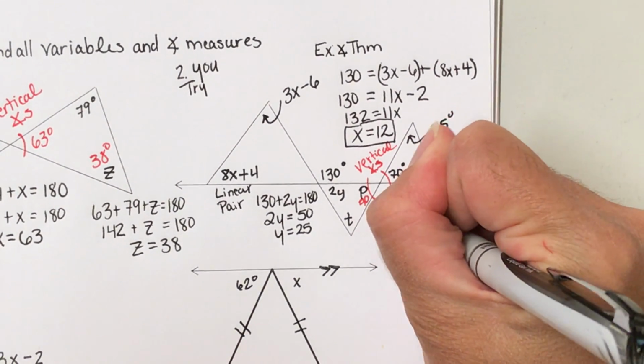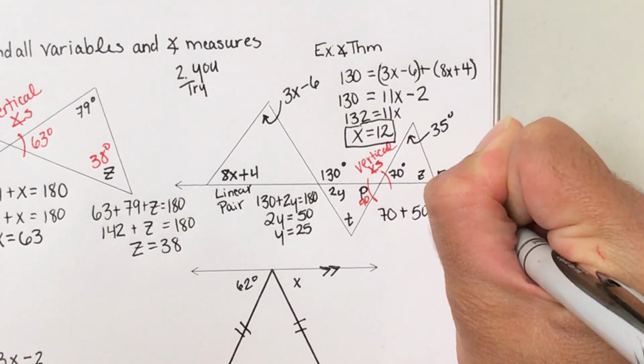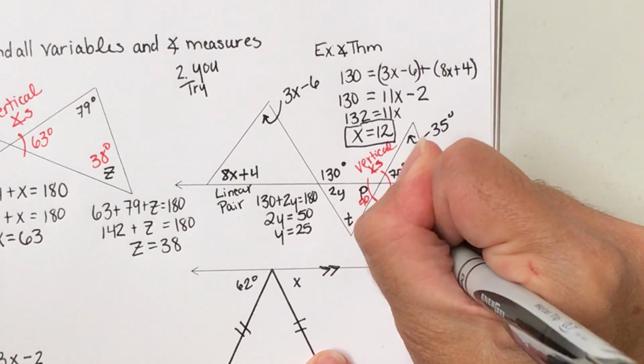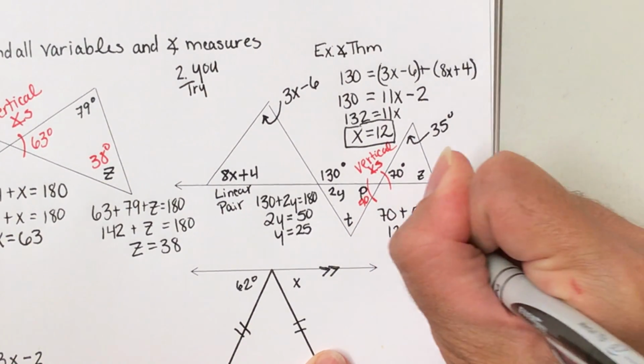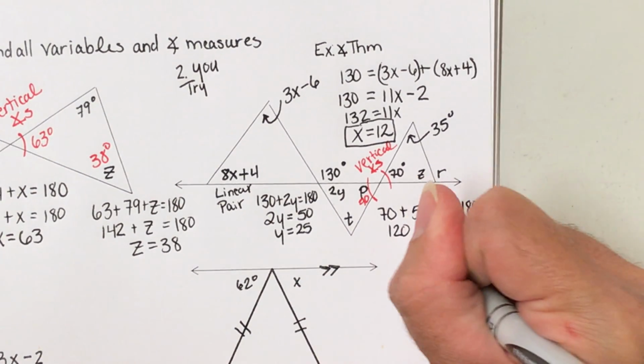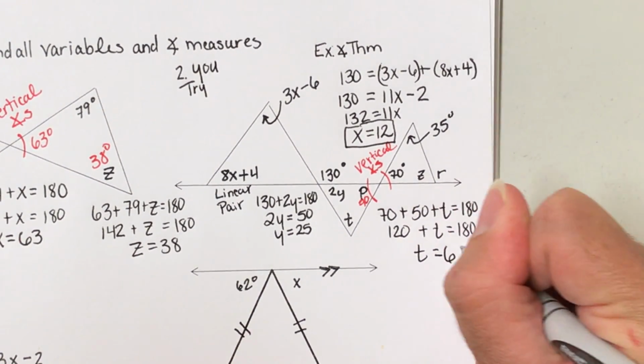So 70 plus 50 plus t equals 180. So 70 and 50 is 120. 120 plus what is 180? 60. So t has a value of 60 degrees.